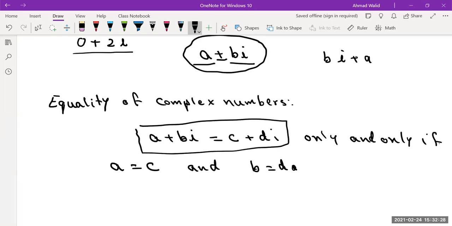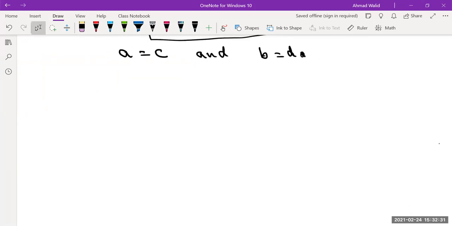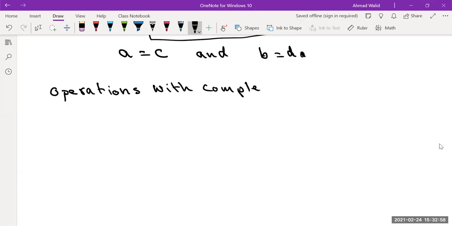Now, after I introduce this to you, we start slowly the operations, which is a really easy lecture. Operations with complex numbers.